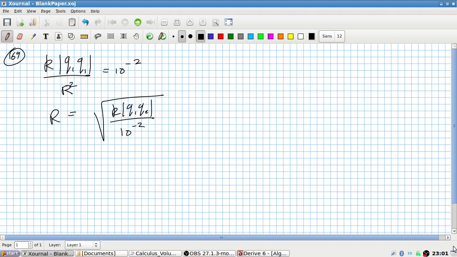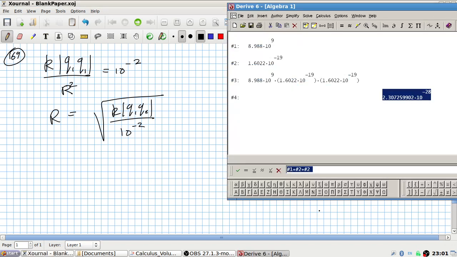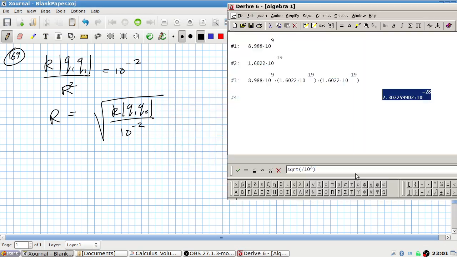So that would be the point where we could make it continuous, at least the approximation, with no jump discontinuity. So if we just type in square root, 10 to the power, let's just say minus 20, not minus 2.